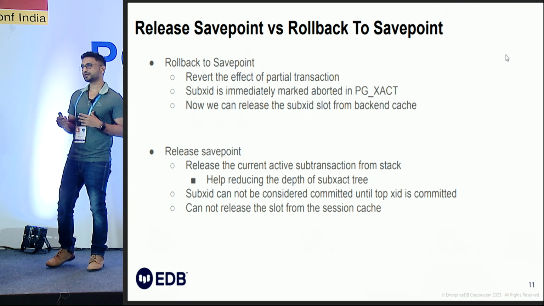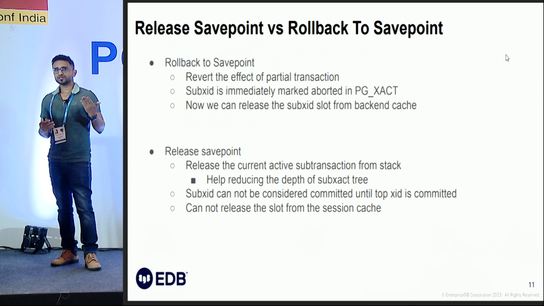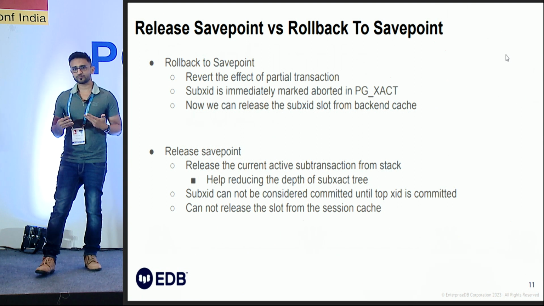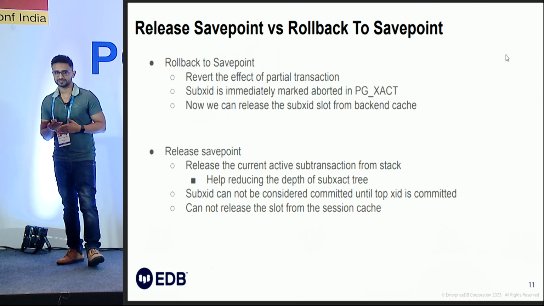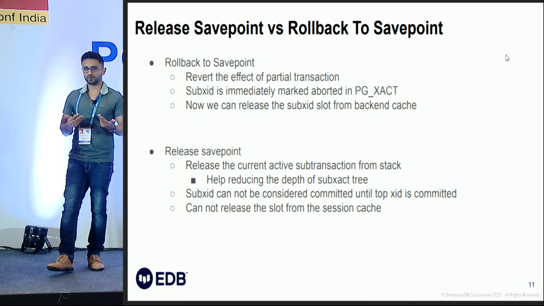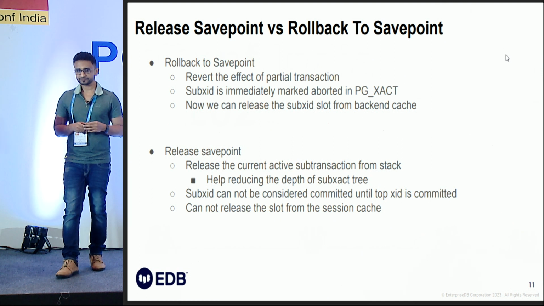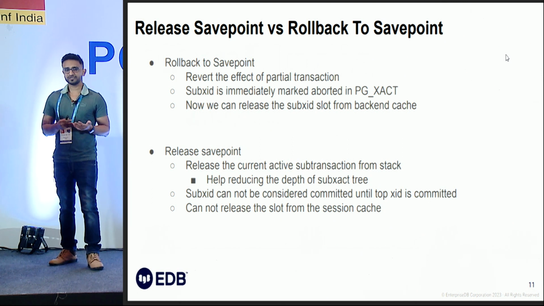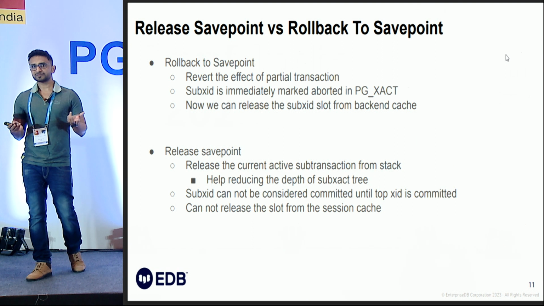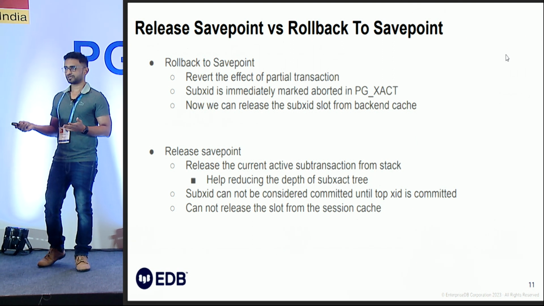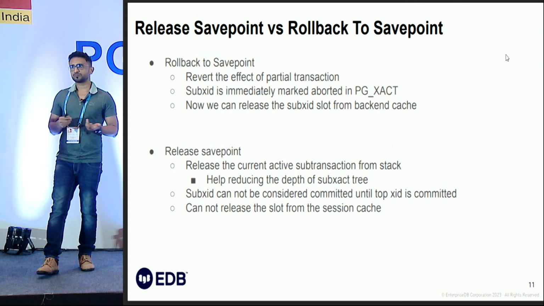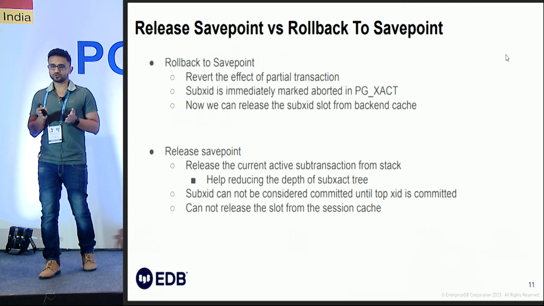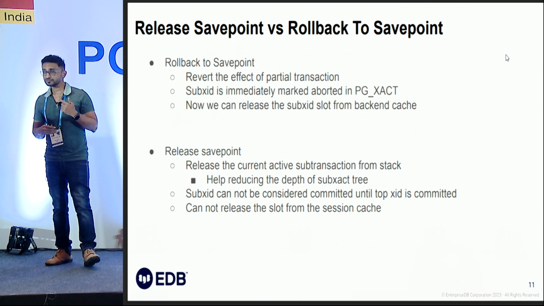Rollback to savepoint is nothing but, the purpose of the savepoint is that if there is any problem, you can roll back that operation to a certain point where you have the savepoint. So if you roll back to savepoint, that sub-transaction ID can immediately be marked as aborted. Once it is marked aborted, it doesn't have any dependency on the top transaction ID; it can independently be assumed aborted.